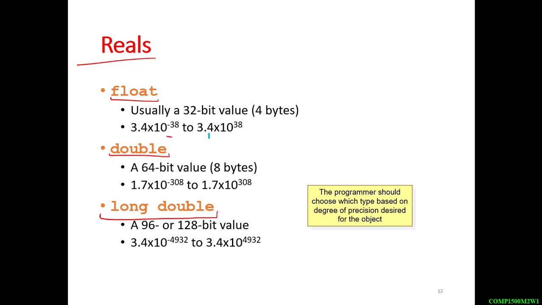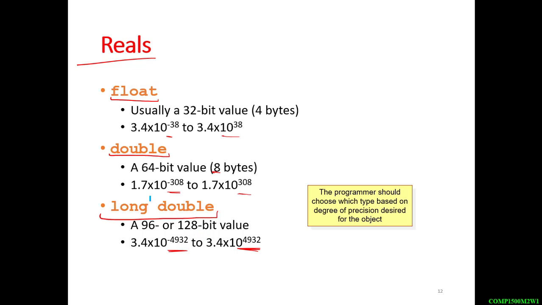Double goes for 8 bytes, so it's a huge number. And long double will go for a very extremely large value. So as you can see here, it holds around 128 or 96 bits. The double itself holds 8 bytes for one variable.